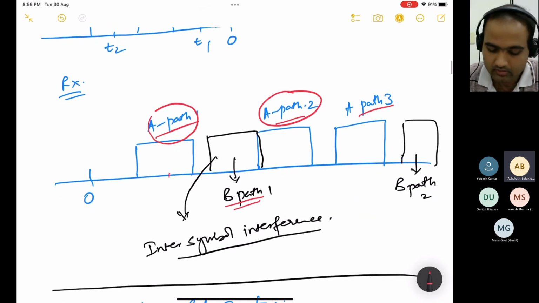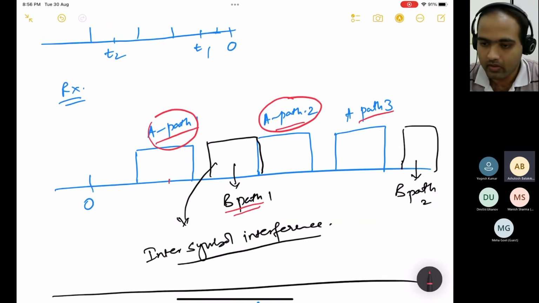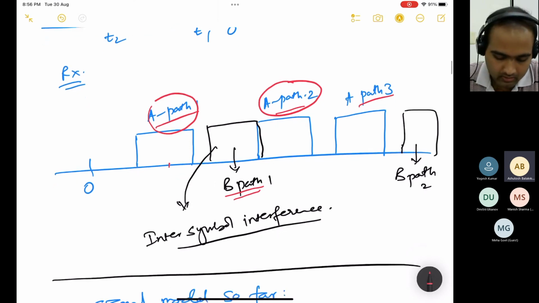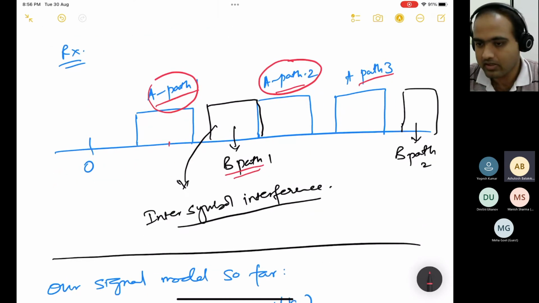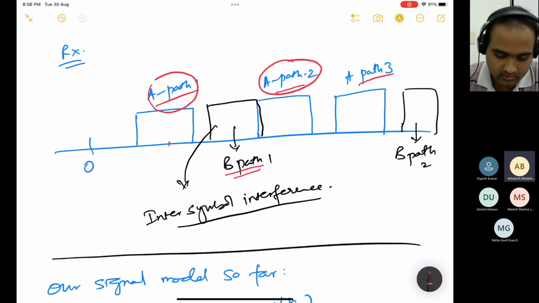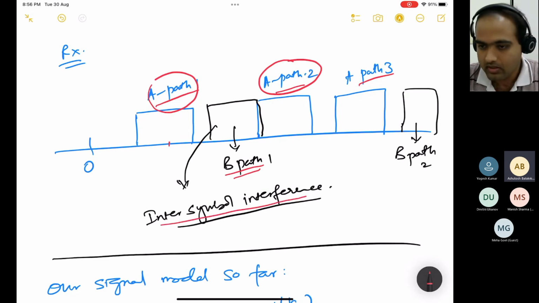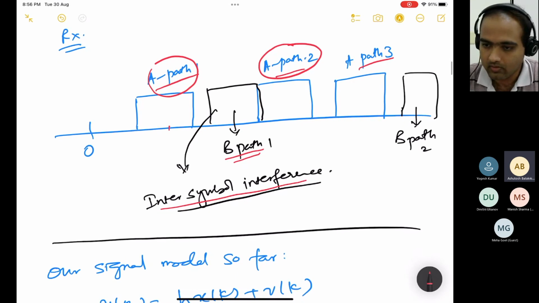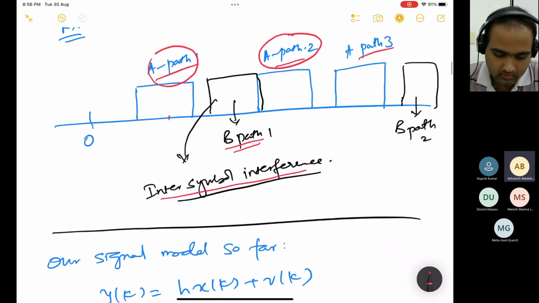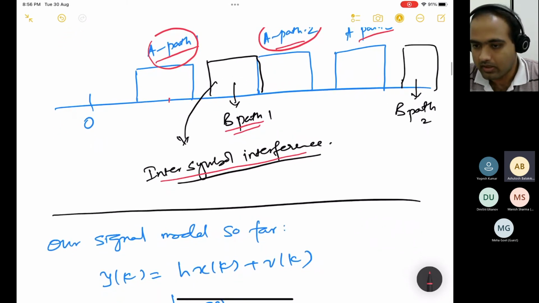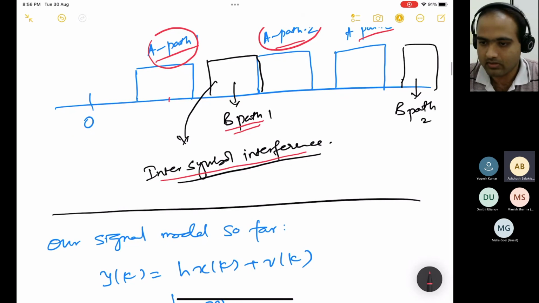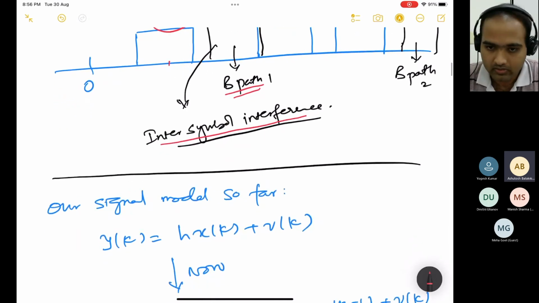So this kind of problem due to the multipath, where you have multiple copies of the same transmitted symbol and they interfere with each other, is called inter-symbol interference. This is the basic motivation behind inter-symbol interference and why it happens in a wireless scenario.